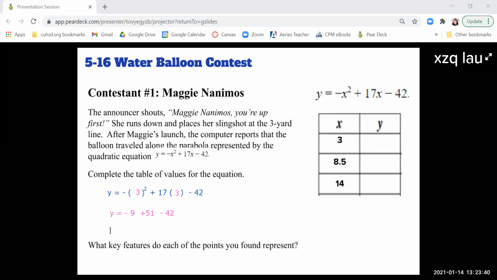And if you're very careful with this, you should get that y is equal to 0. So your first entry in the table is 0.